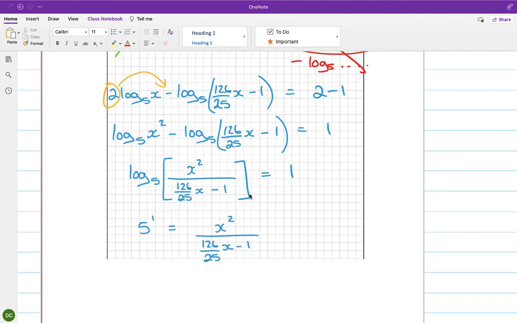Okay. I'm going to multiply by this, 126 over 25x minus 1, because that will cancel that out. And I'm going to multiply this by 126 over 25x minus 1. So I have 5 times 126 over 25x minus 1. It was 5 to the 1, I just made it 5 because that's the same thing. And that equals x squared.